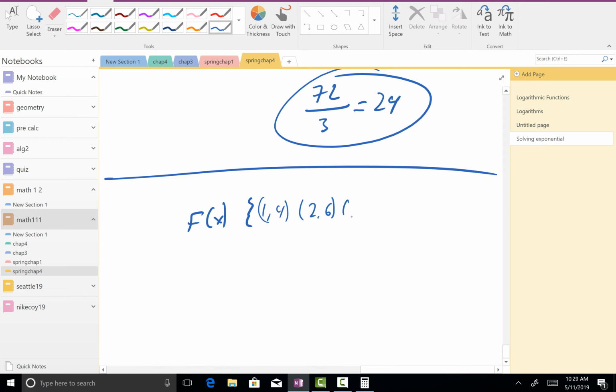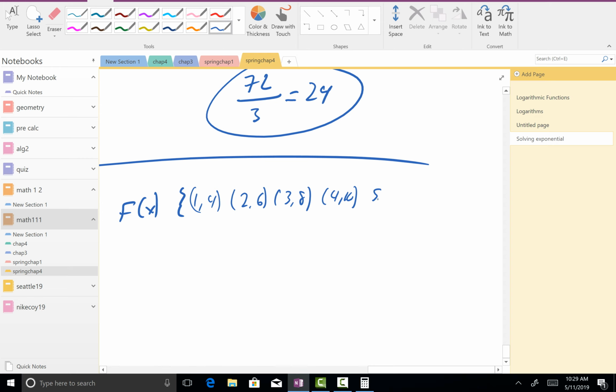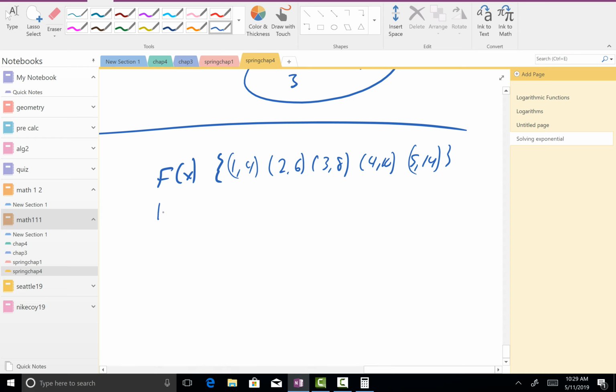F is 1→4, 2→6, 3→8, 4→10, 5→14, and H is 4→7, 6→9, 8→15, 10→10, 14→5.